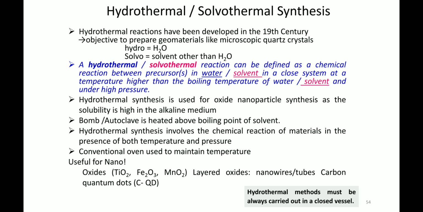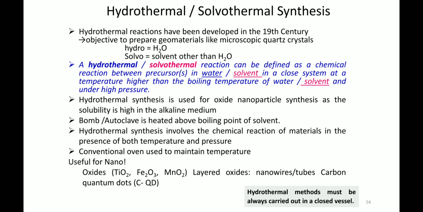Let's try to understand this technique in detail. Hydrothermal reactions were developed in the 19th century. So you see, this is a very old technique by which scientists are able to prepare materials of different families.